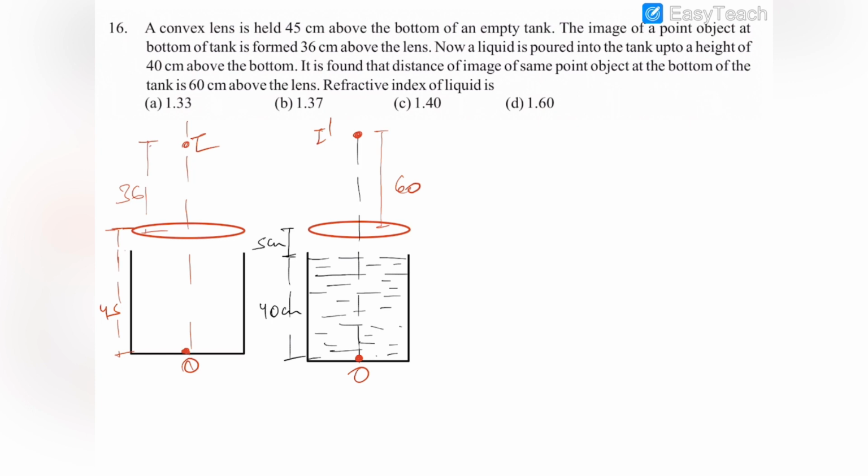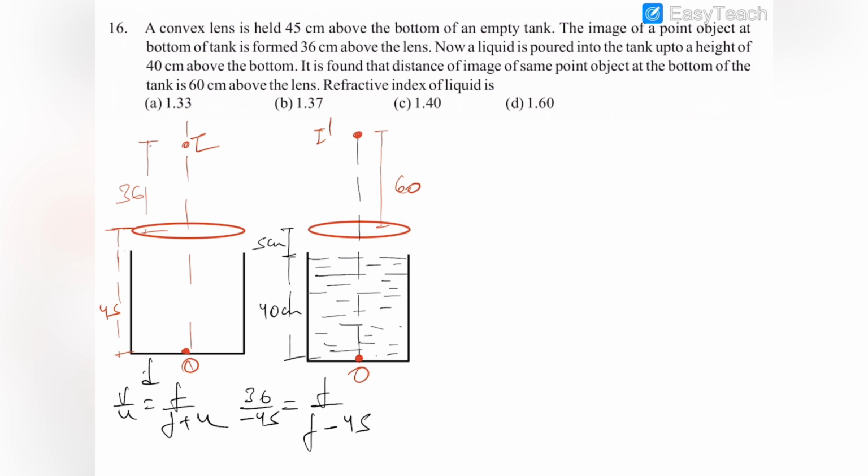We have to find the refractive index of the liquid. First, let us find the focal length of this lens, using the formula V upon U is equal to F upon F plus U. V is 36 and U is minus 45, and F is unknown, so 36 upon minus 45 is F upon F minus 45.